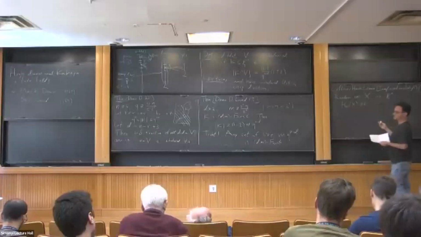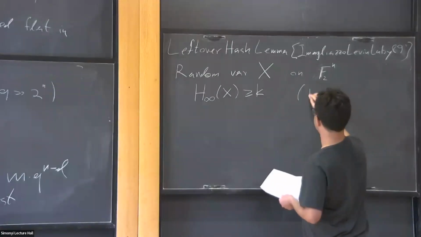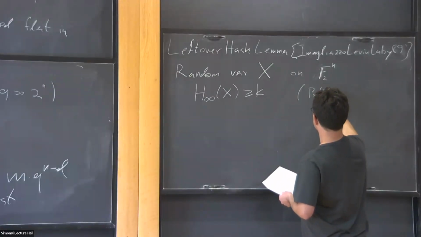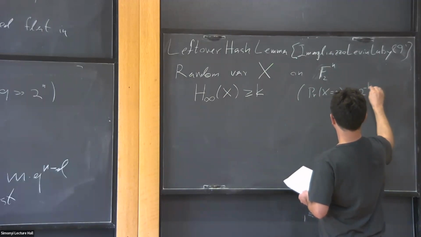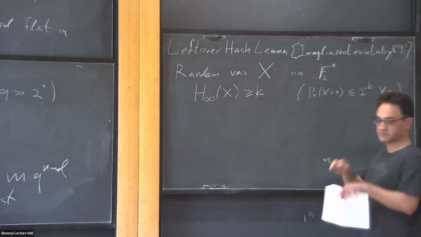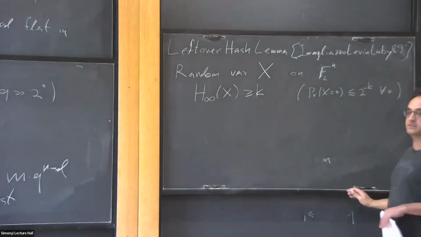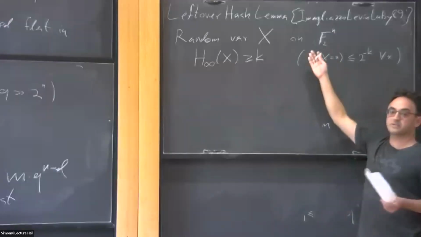Min-entropy is just an L infinity version of entropy. It just means that the probability that x is equal to some particular value is at most 2 to the minus k. It's an L infinity bounded random variable. You can think of it as being uniform on a set of size 2 to the k.